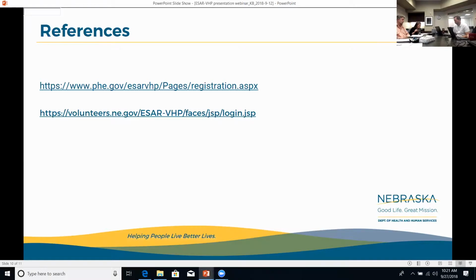So further, both systems will be enhanced to interface with the Nebraska Department of Health and Human Services licensure data to provide additional automation for database management. And once these upgrades are complete, both systems will be tested for reliability and usefulness. And this will be done through those quarterly ESAR-VIP drills that we conduct at the State Health Department.